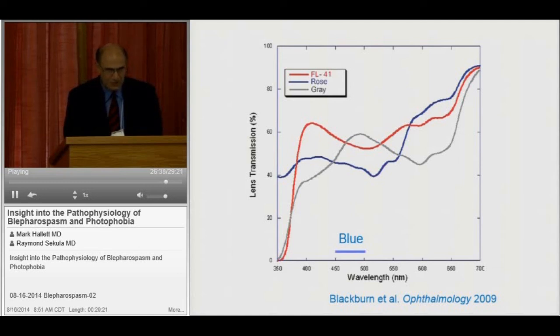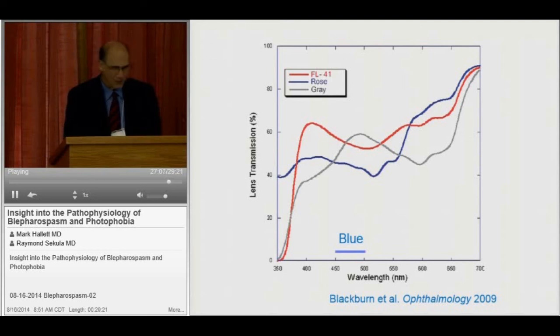You only get about 50% transmission. This is the 50% transmission line in most wavelengths, but it transmits relatively more blue than other wavelengths. Where if you look at the FL41, it has a wave shape like this, so it tends to block blue slightly more than the other wavelengths.